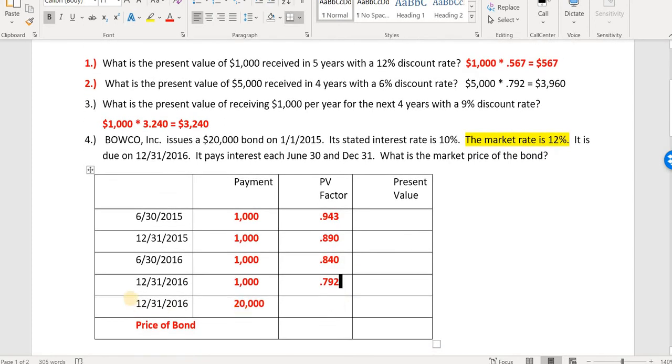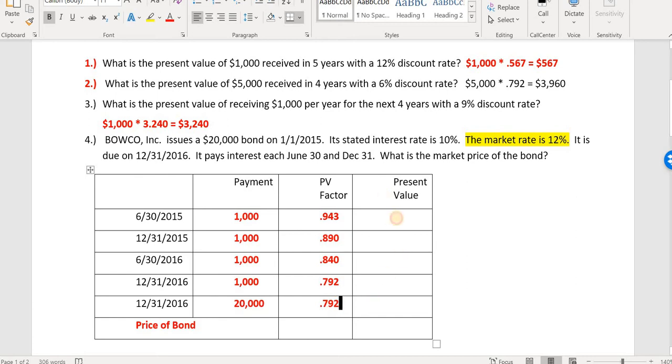Now, we're going to receive our $20,000 at the same time we receive our last interest payment, so we can use the same factor. So there we go. We've applied our factors, 6% every 6 months, I should say. We put them in our table, and now it's time to do the math.